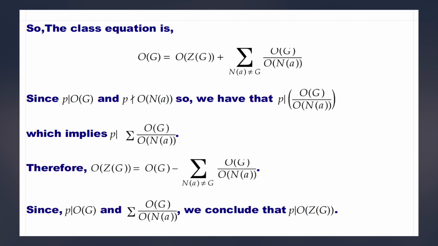Therefore, the order of the center of G is equal to the order of G minus that summation. Since p divides the order of G and the summation, we conclude that p divides the order of the center of G.